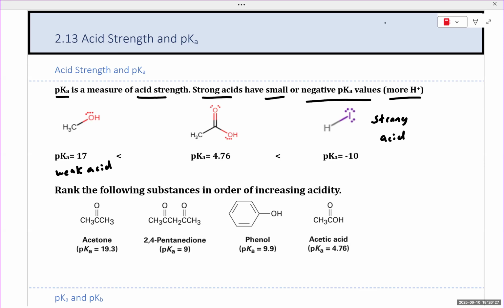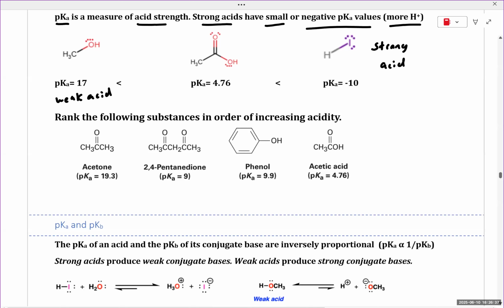The pKa value provides us a measure of acid strength. The smaller and more negative your pKa value, the stronger your acid. So if we had to rank the following substances in order of increasing acidity given the pKa values, generally, the lowest and smallest pKa value will be the strongest acid.